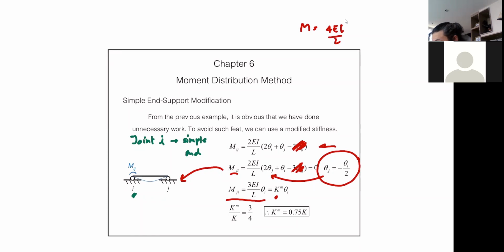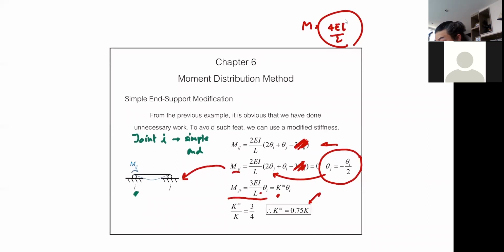When you compare this 3EI over L with 4EI over L, now you know that the member with a simple end support like this has 75% of the stiffness of the normal member, because Mji is 3EI over L times theta i, compared to the typical 4EI over L times theta.